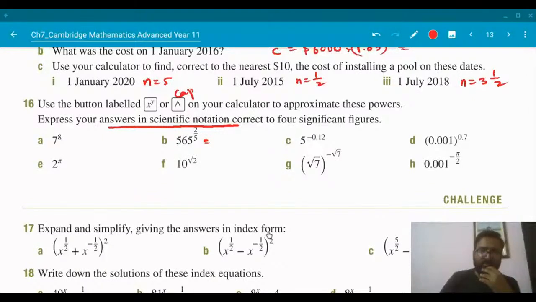So this is a calculator. I'm sharing it here.